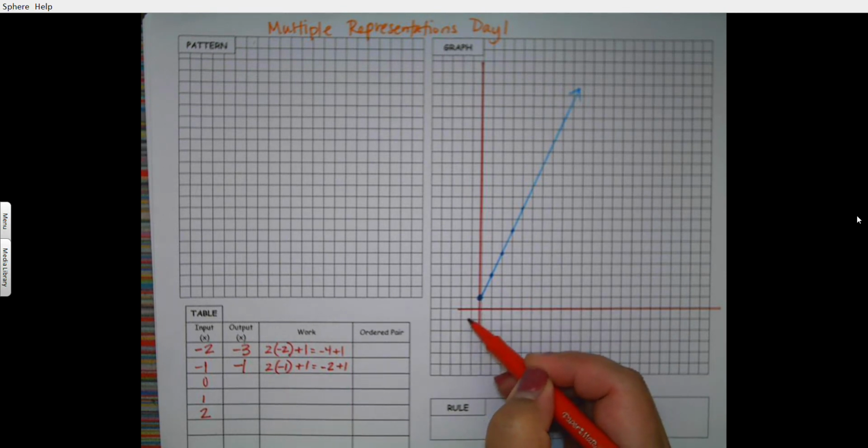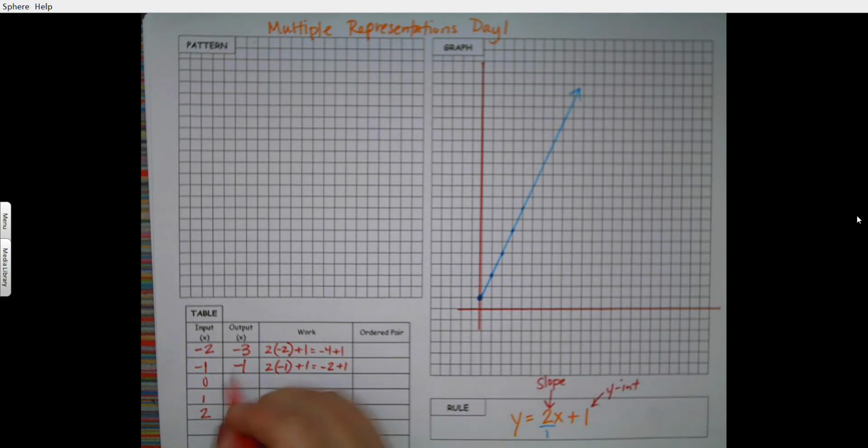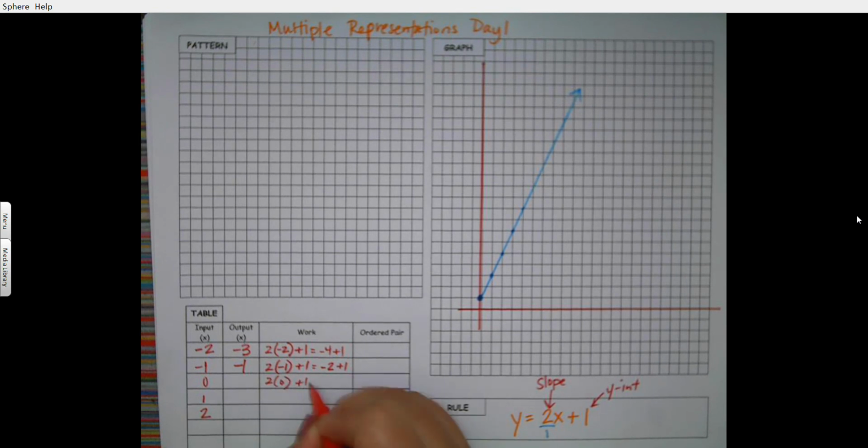If I went backwards, down 2 back 1, down 2 back 1. Plug in 0, and I get 2 times 0 is 0, 0 plus 1 is 1. There's my y-intercept. Plug in 1. 2 times 1 is 2. 2 plus 1 is 3. Plug in 2. 2 times 2 is 4 plus 1 is 5.